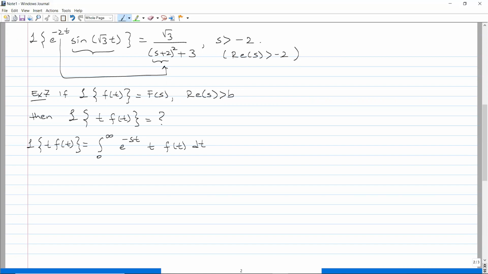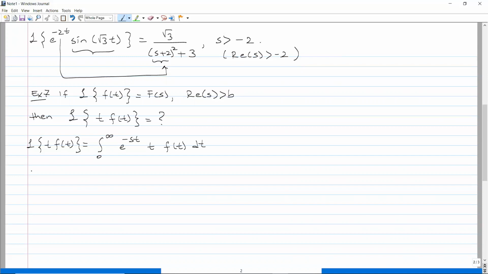So somehow, in order to use the Laplace transform of f, I have to get rid of this t, or I need to figure out a way.